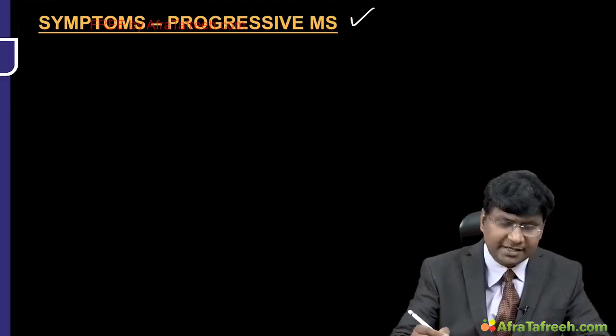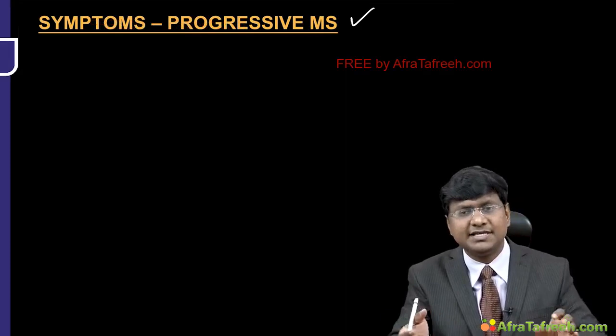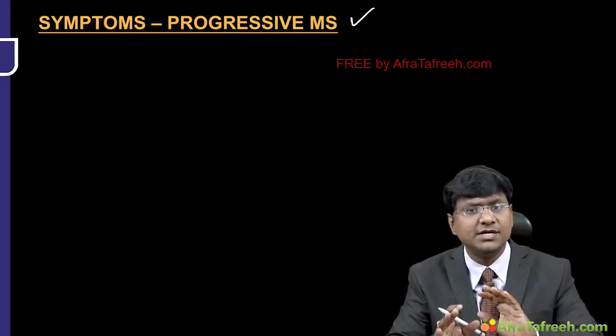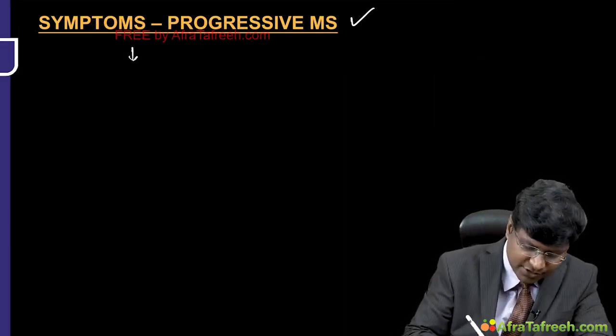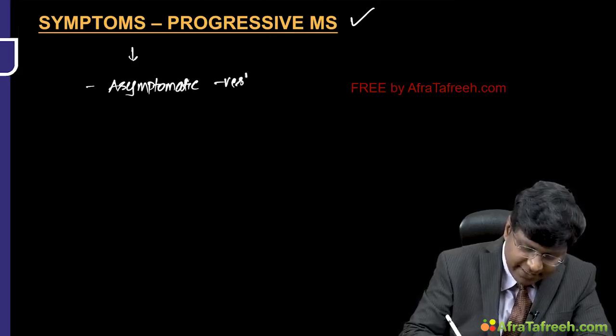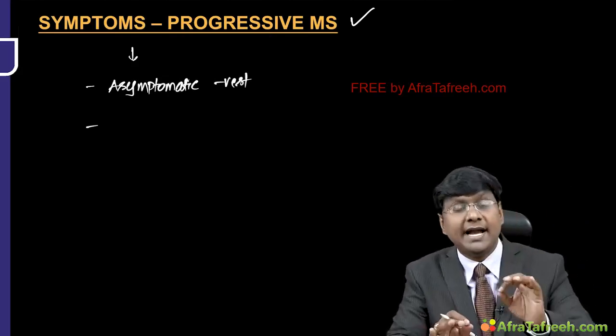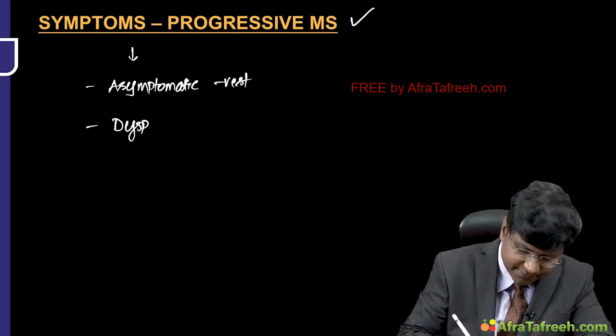Now, what will be the clinical symptomatology in progressive mitral stenosis and in severe or very severe mitral stenosis? The clinical symptomatology is very simple. In progressive mitral stenosis, the individual will be asymptomatic at rest, and there will only be dyspnea on exertion.